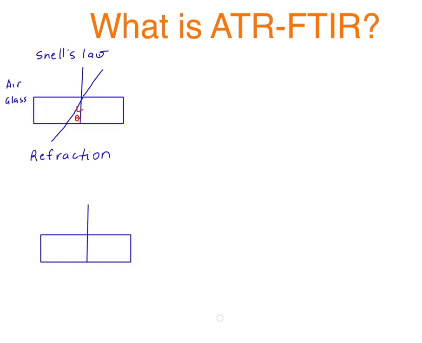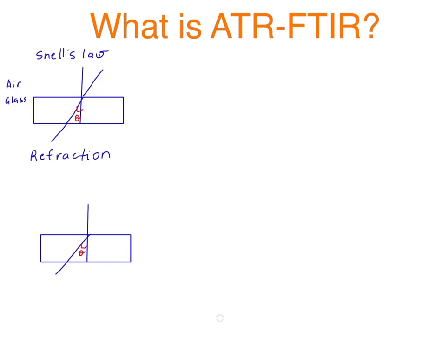Now the incident light is a little bit higher. When we increase the angle, say if this is 45, and here now we have 60, it becomes a special condition known as the critical angle.